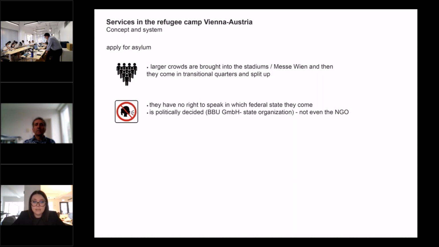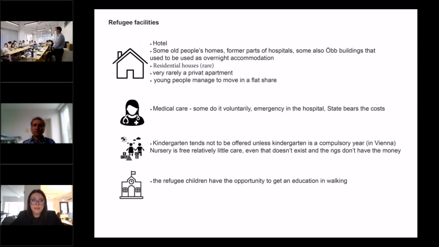They have no right to say in which federal state they end up, and even the NGOs can decide. There is a big organization called BBU GmbH. This is a political organization, so they choose how the refugees are split, but they also offer help.